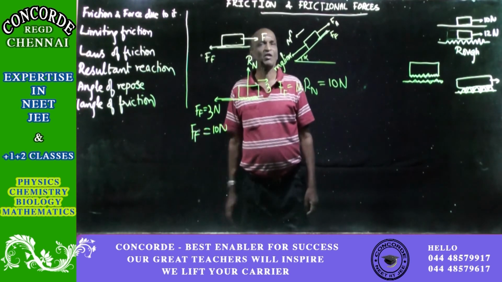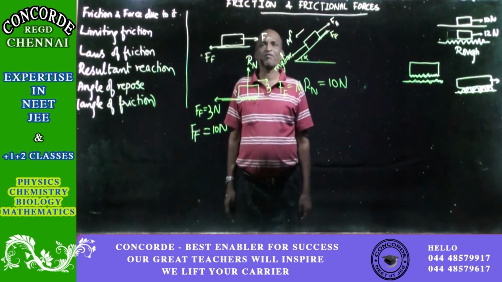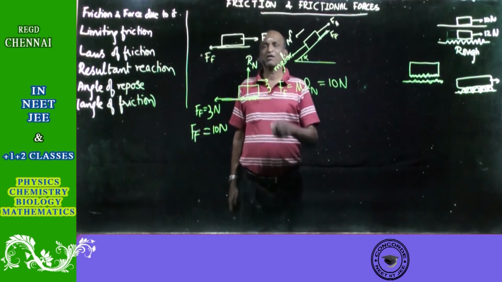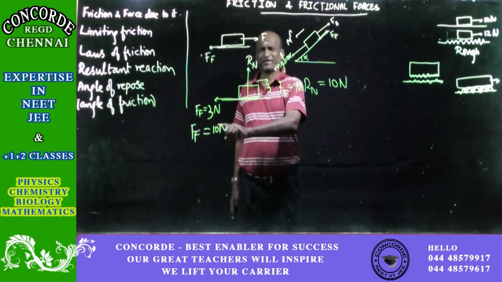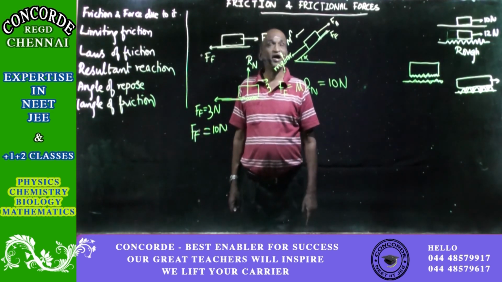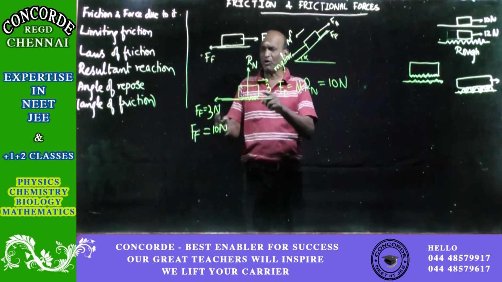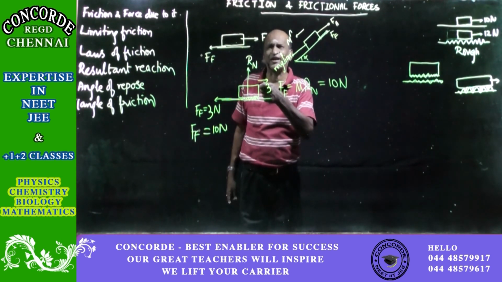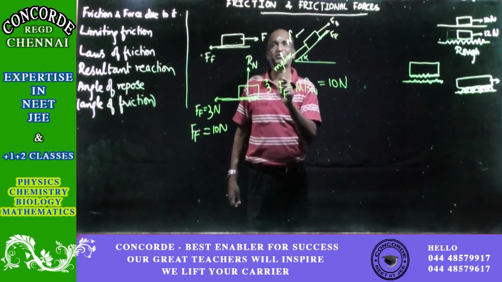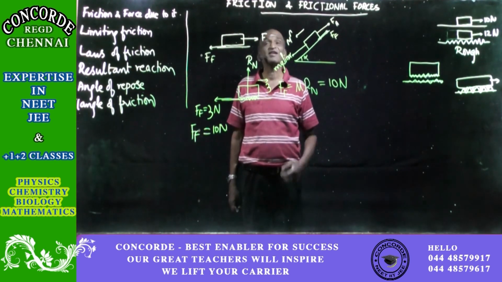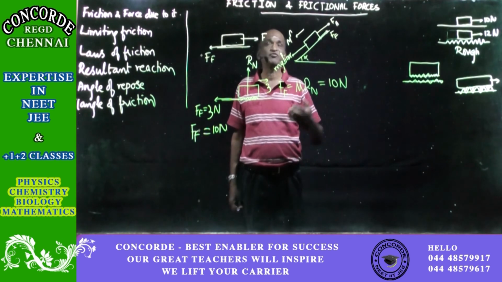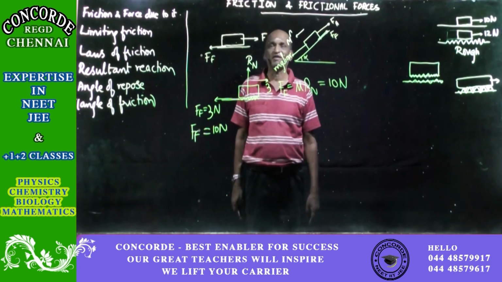When the applied force and the maximum value of the friction force are equal, you can balance the equations. And when both are equal, if you increase further, the body will be about to move. That is, the limit for equilibrium has been reached. Afterwards, there is no equilibrium, no rest condition.